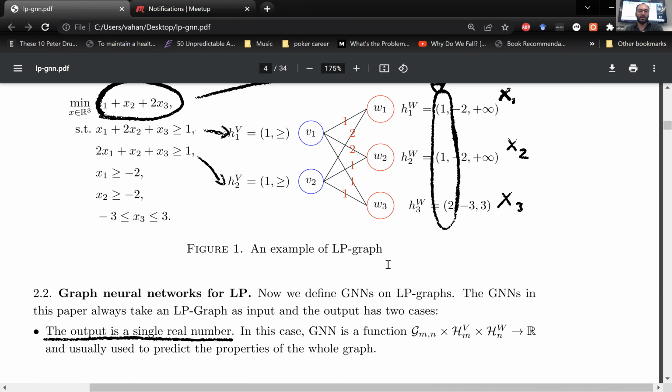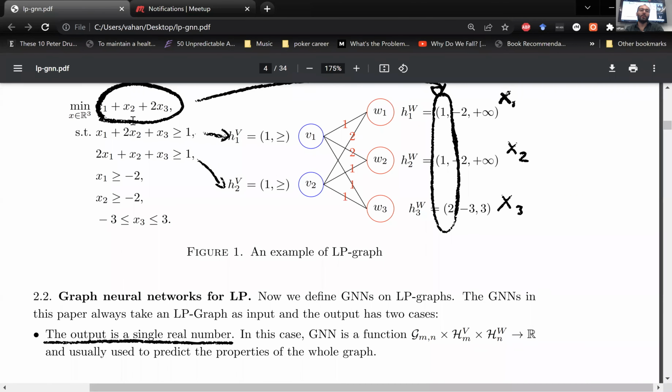So the main idea here is to study the expressive power of this model in terms of distinguishing between isomorphic graphs. So I think that's the cool part of the paper.